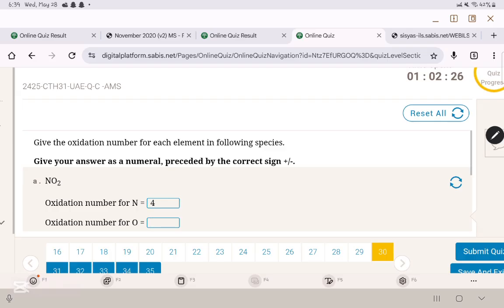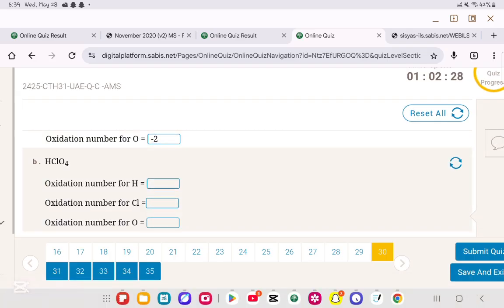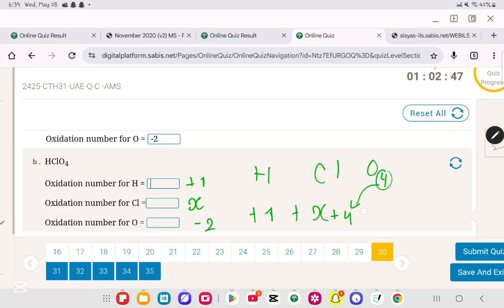However, for O, it is minus 2. It's always the same, minus 2. Oxidation number for H is always the same, plus 1. So you will assign to it plus 1. Cl we need to find, so it's X. And O is always minus 2. So HClO4: H is plus 1, Cl is X, and for the 4, you will put it over here, and then O's oxidation number is minus 2, is equal to the total charge over here, which is 0.